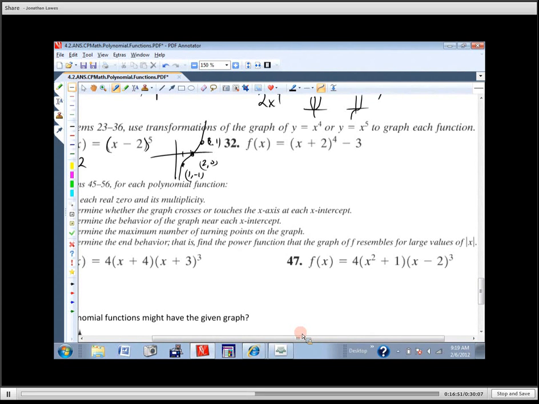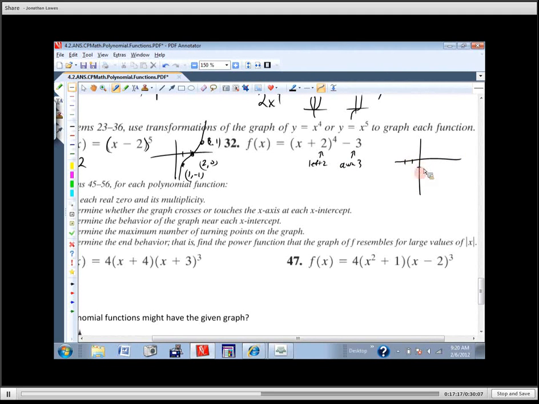It's just a slightly different shape. What does the 2 do? That's going to be left 2. What does the 3 do? Down 3. So our graph is going to look something like this.